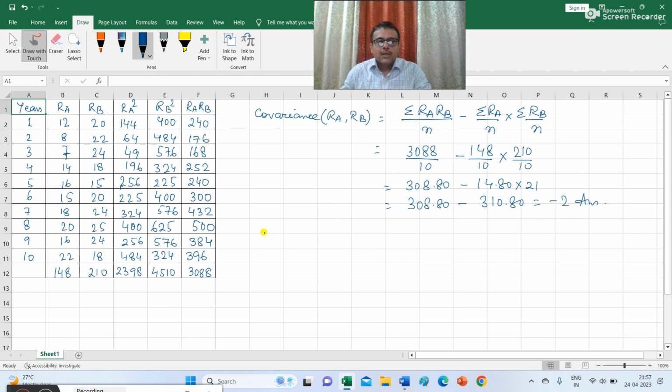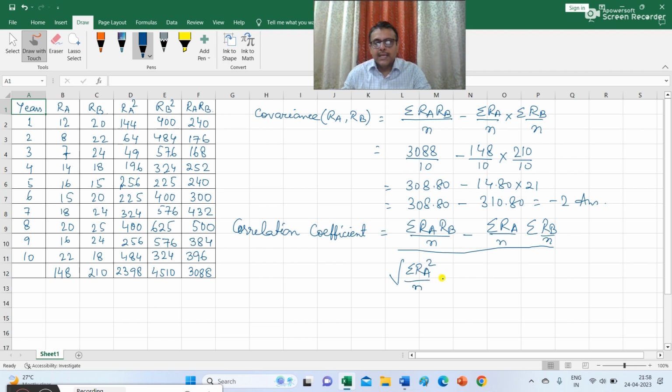Now, what is the correlation coefficient? The correlation coefficient is equal to sum total of RA RB by N minus sum total of RA by N and sum total of RB by N, divided by under root of sum total of RA square by N minus sum total of RA by N whole square, and then sum total of RB square by N minus sum total of RB by N whole square.